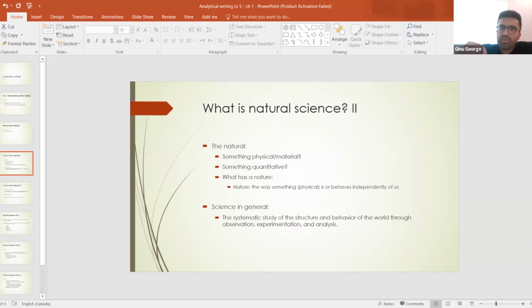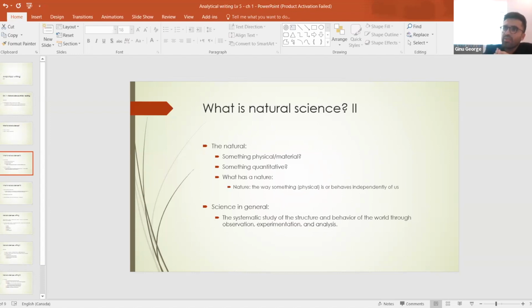So there's a sense of natural where it refers to the way a thing is independent of us, which goes back to what you're saying, which is without being made or touched or tampered with by human beings. There are things that are that way, and then we have science of them.